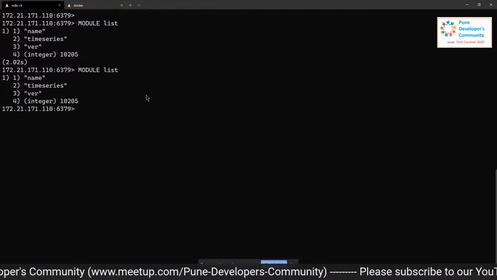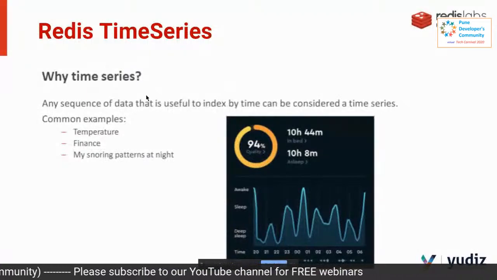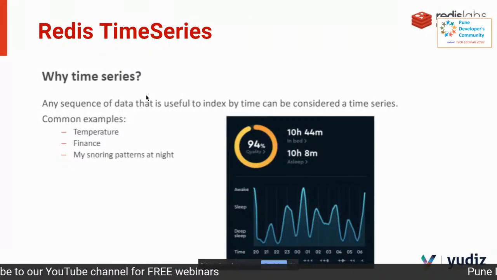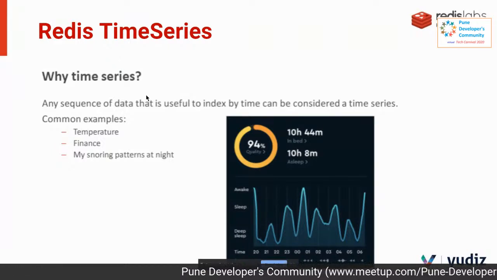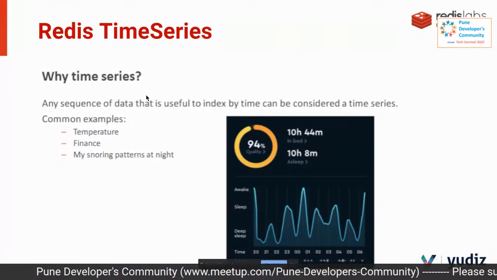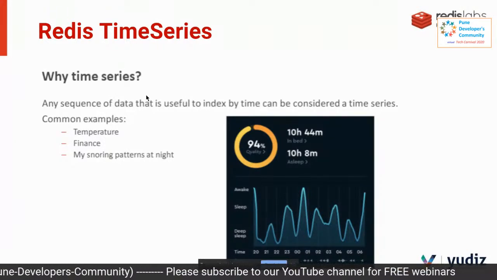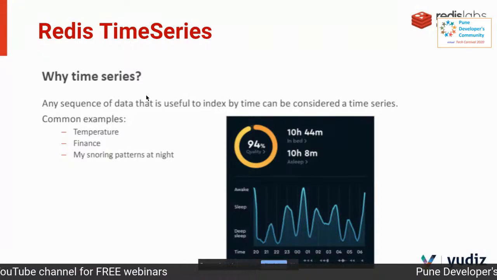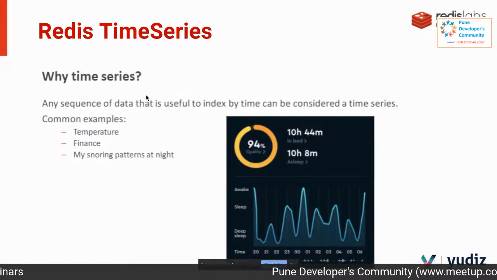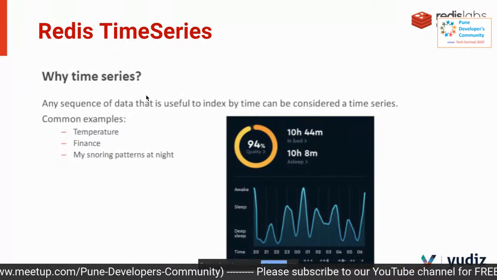We can see here my time series module is loaded. So first of all, what is time series data? Time series is data in which we have time as an index and some sample values which we get periodically. Examples are temperature, any kind of data coming from a sensor, or CPU usage.